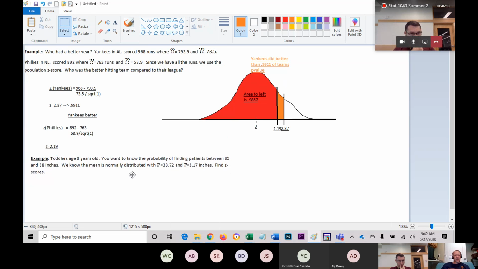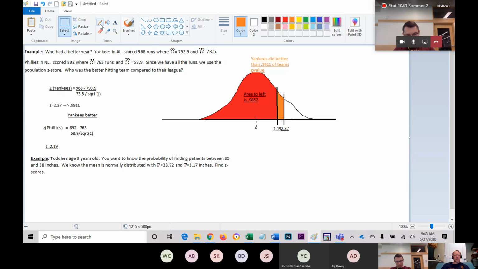Okay, so we're going to do toddlers age 3 years old. We know that the mean is 38.72 and the standard deviation is 3.17. You need to find the z-scores in order to figure out the probability.